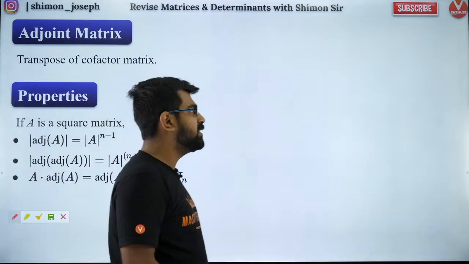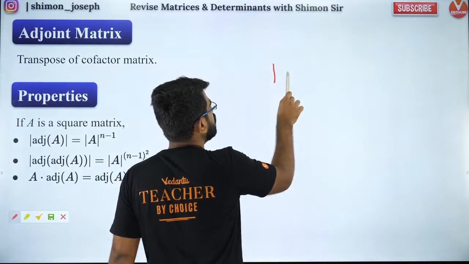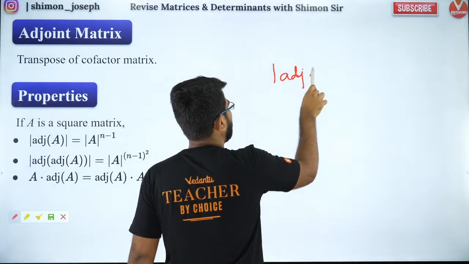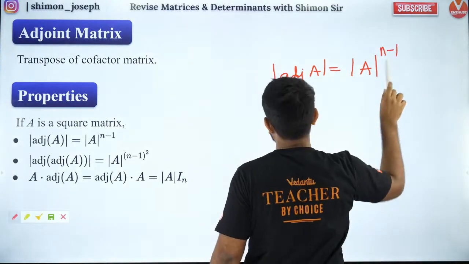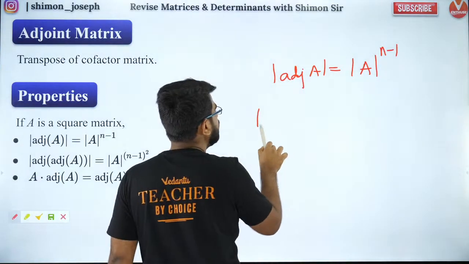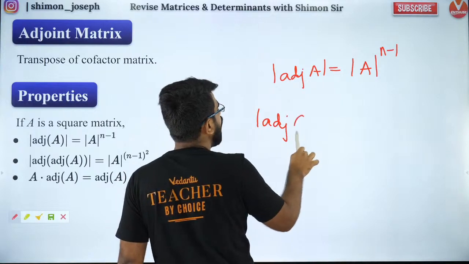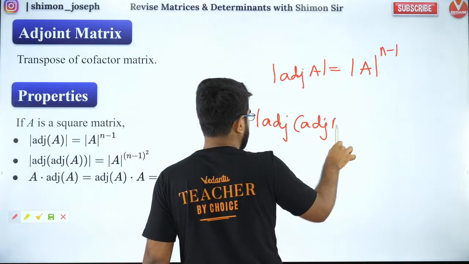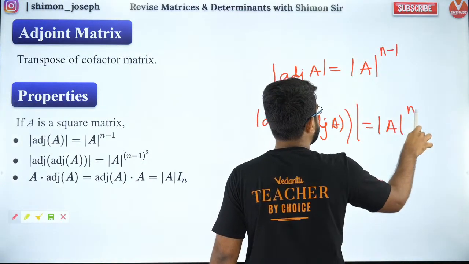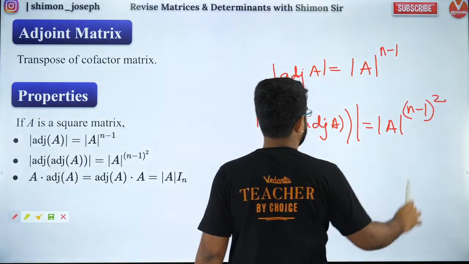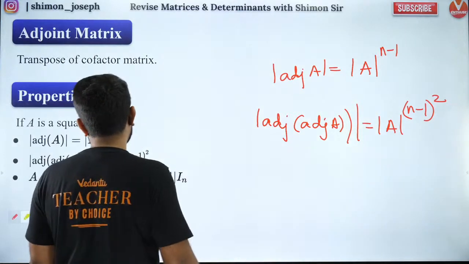What are the properties? The first thing is you need to know det of adjoint of A is equal to det of A to the power n minus 1. This is a very important formula. The next one is det of adjoint of adjoint of A is equal to det of A to the power (n minus 1) square. That is a very important formula again.